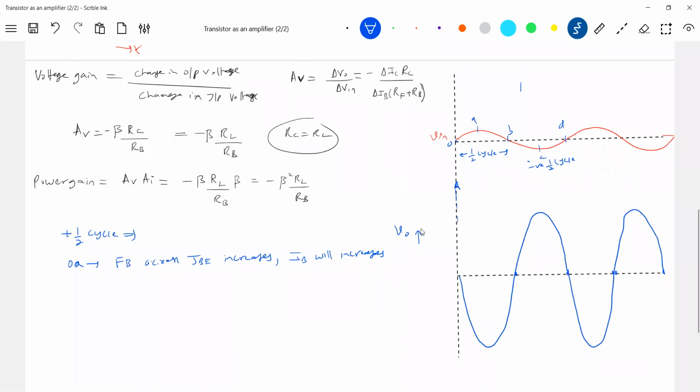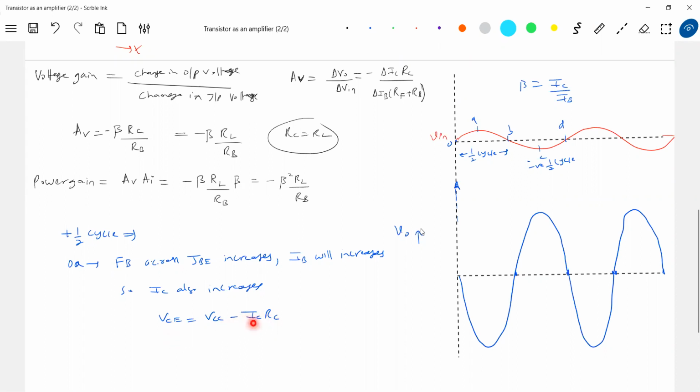If the base current increases, with beta constant, the collector current should also increase. So IC increases. Next we have the equation VC equals VCC minus ICRC. If IC increases, with VCC and RC constant, what should happen to VC? It should decrease, no?